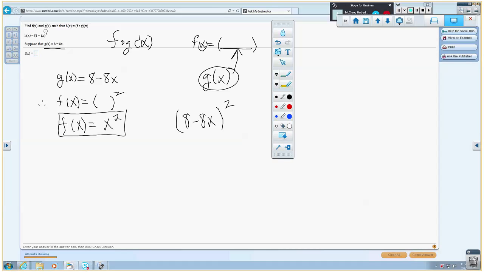Something squared. And that's what that is right there. X squared. Ooh, nice work.